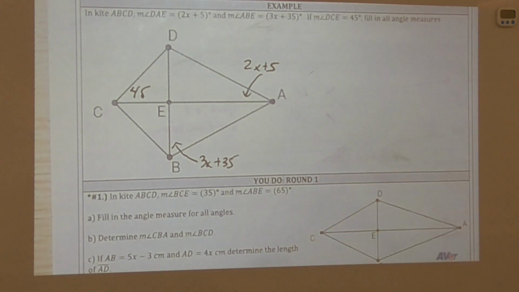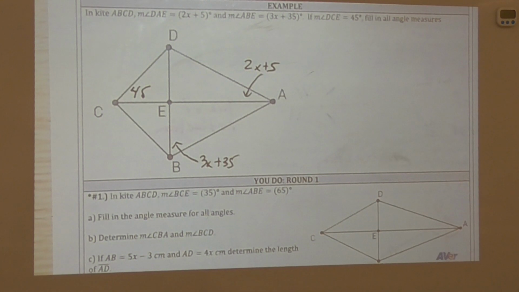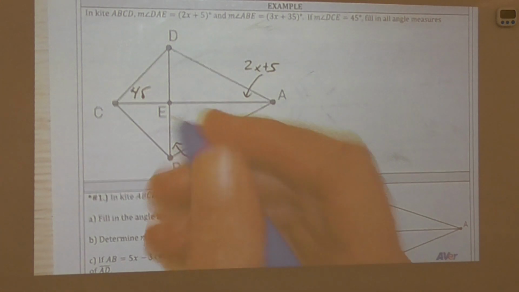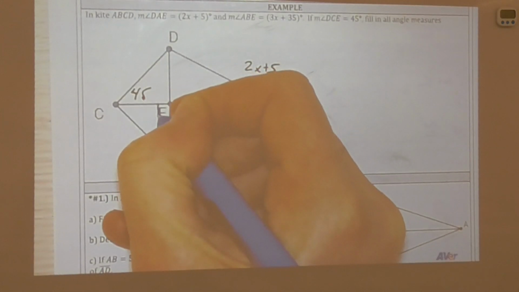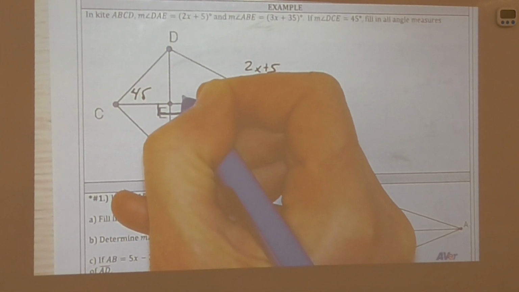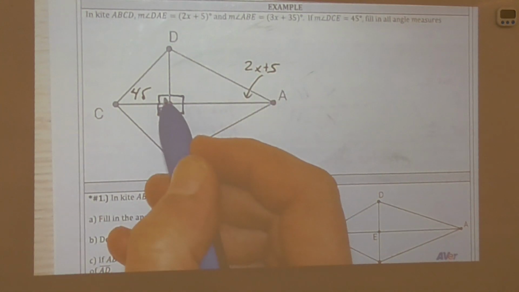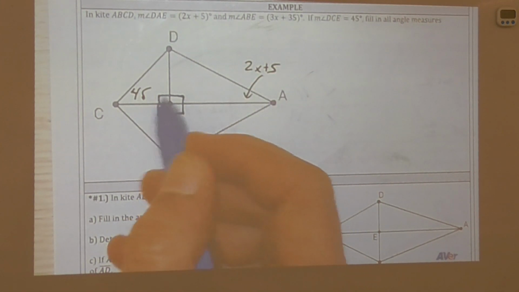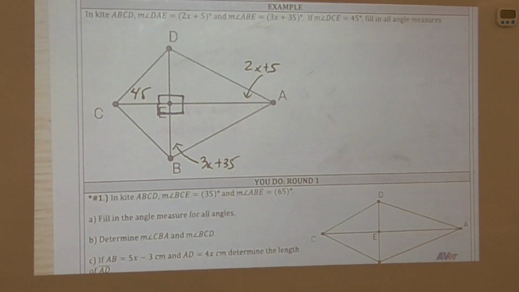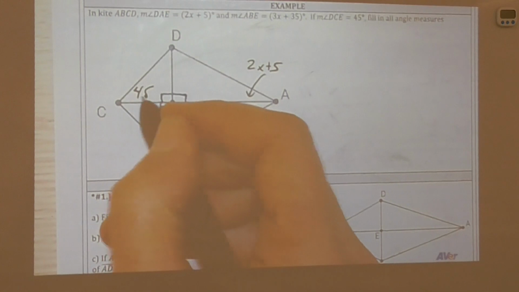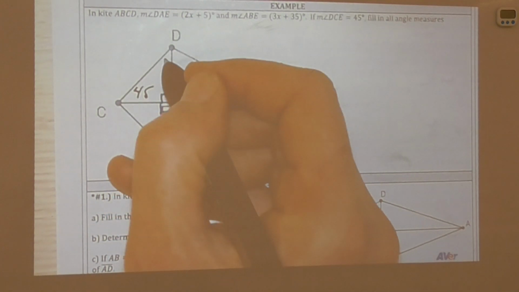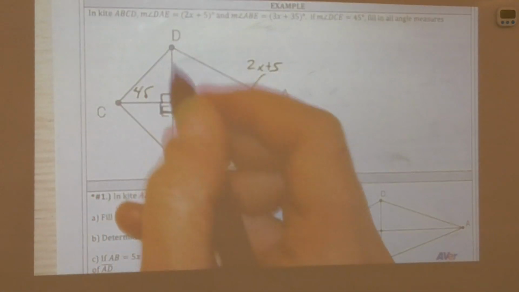Okay, so I need to think about what else I know about a kite. So I know that a kite has diagonals that are perpendicular. So that means I have 90 degrees around all of these, right? So let's see what I can do with that. So if this is 90, then I have 45 plus 90 plus something equals 180. This is angle CDE.